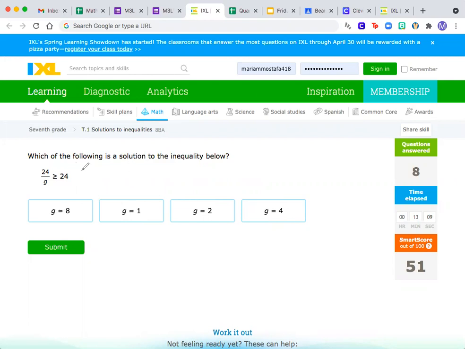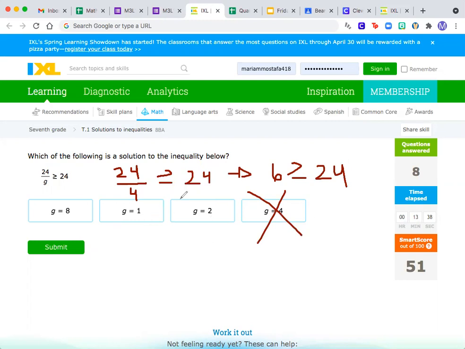So for example, if I plug in 24 and I plug in 4 for G, and it says greater than or equal to 24, 24 divided by 4 is 6. So this would give me 6 is greater than or equal to 24. And that's false. So I know that it can't be this one. So basically what you have to do is try each one and see which one will actually make this true.